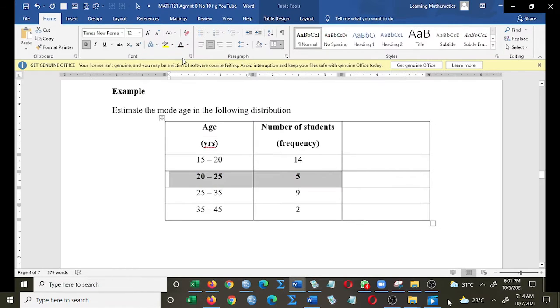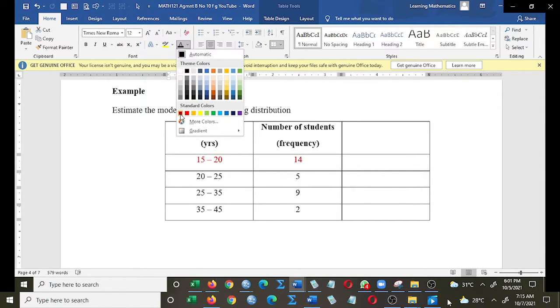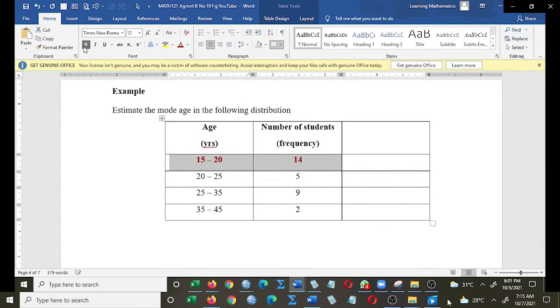Anybody? 15 to 20. 15 to 20 is the interval with the greatest frequency. Okay, so this is the modal class. The modal class is 15 to 20.